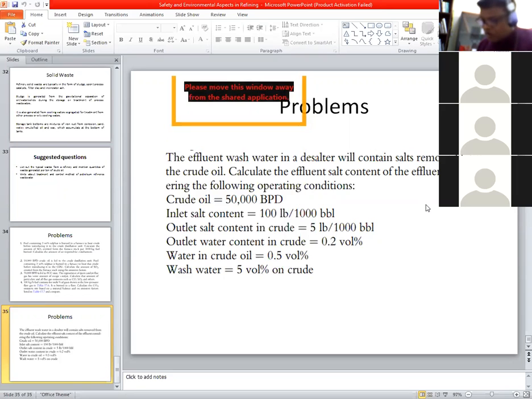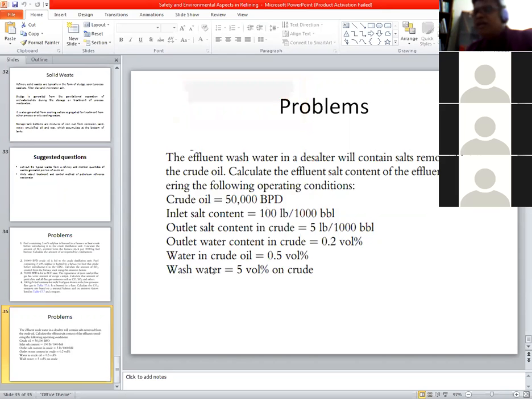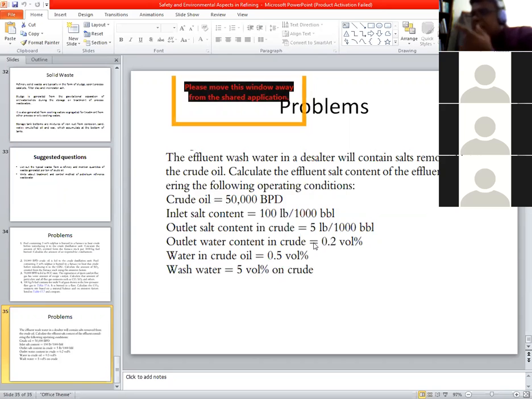Okay. So again, I'm telling that first you will calculate, because here is a volume, and this is also volume percentage, volume flow rate. So volumetric flow rate, you do step by step. The volumetric flow rate of effluent water will be (5 divided by 100 plus 0.2 divided by 100) times 50,000 barrel per day.